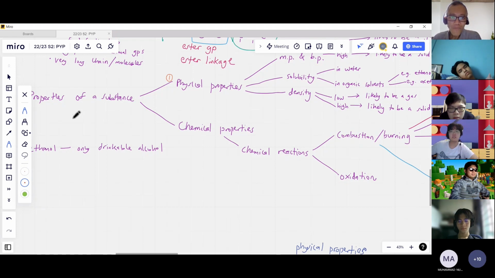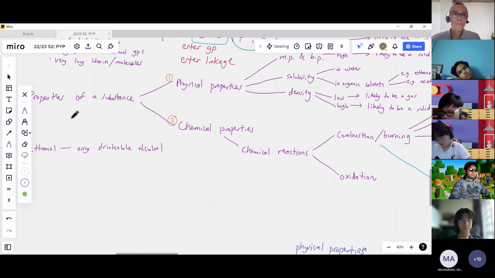Well, obviously, the opposite of physical properties will be chemical properties. Anyway, we'll cover them one at a time. So just be very mindful. These are possible questions. What are physical properties of this? Give an example of a chemical property of this.